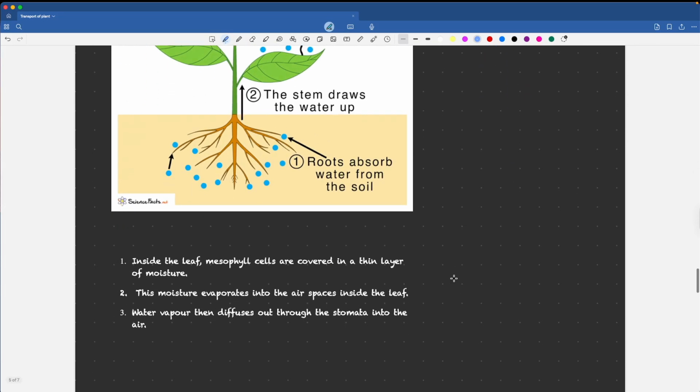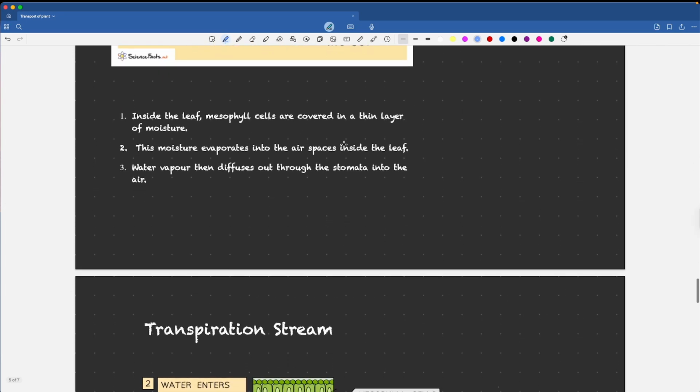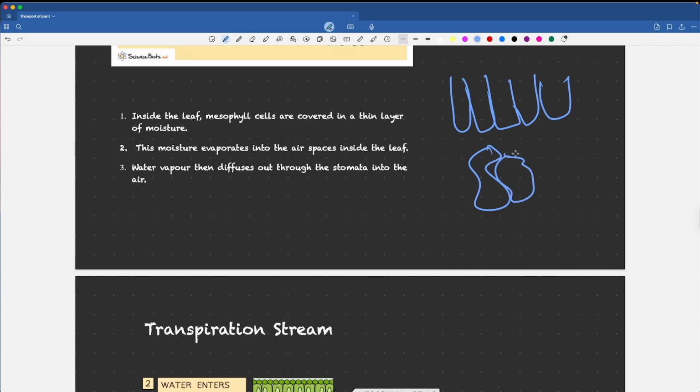So this is transpiration. Where is this water that is being evaporated actually coming from? Inside the leaf, cells have several layers. For example, this is the palisade layer, and there is a mesophyll layer like this, but much smaller. Water is found on the surface of the mesophyll cells.